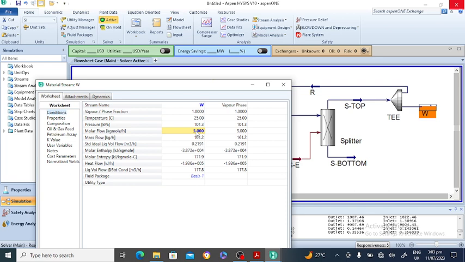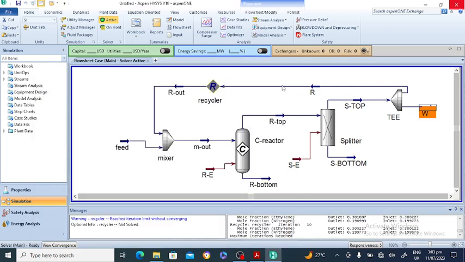At first it was 10 kilomole per hour, and the recycle was about 6.659 kilomole per hour.